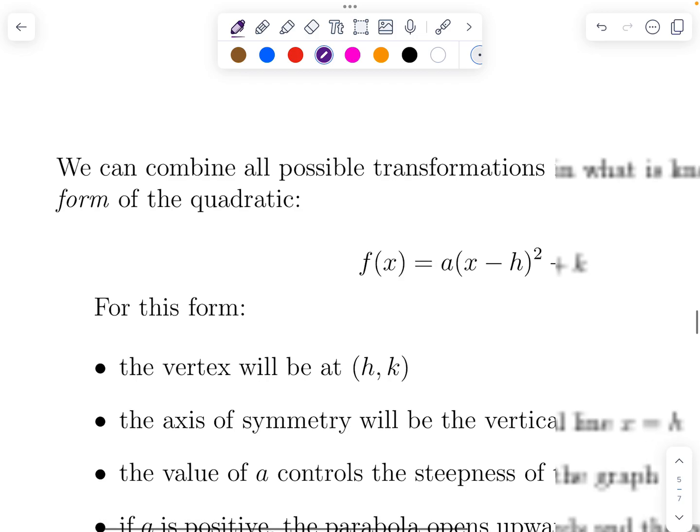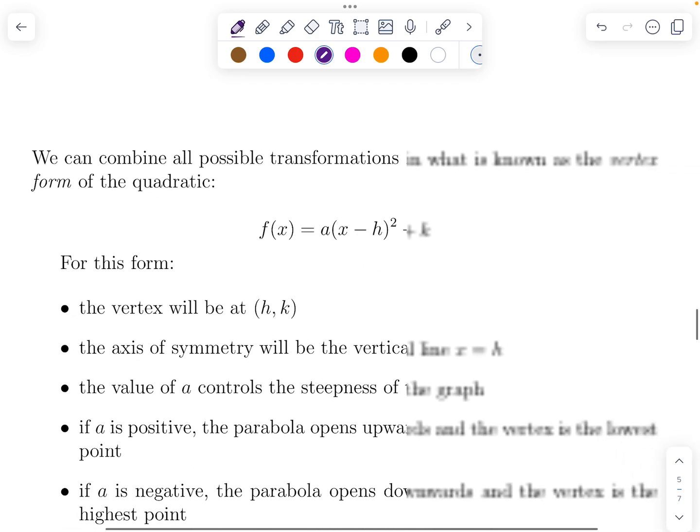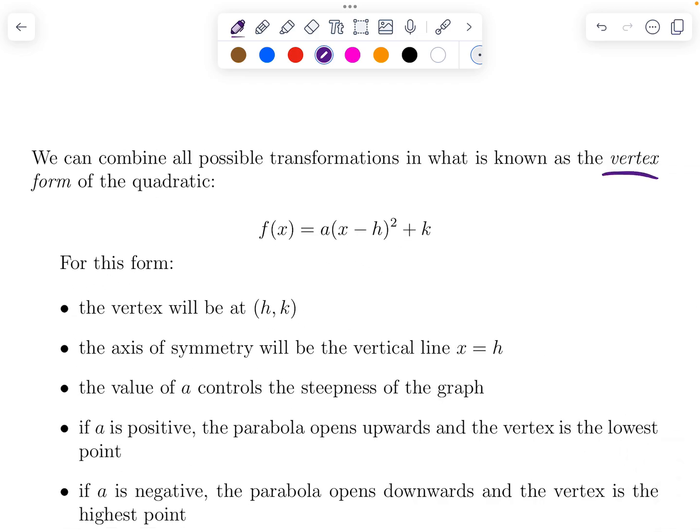Now, it's possible for us to combine all of these in what's called vertex form. And if we really understand how all the transformations work, we can gather some information about the graph and graph it all at once. We don't have to think about this one transformation at a time.